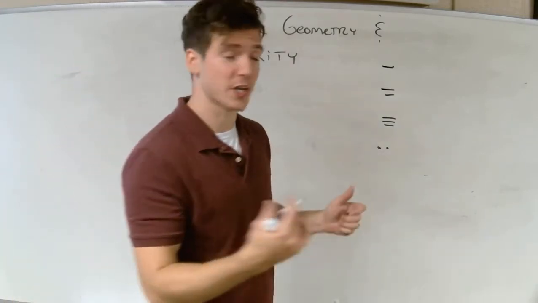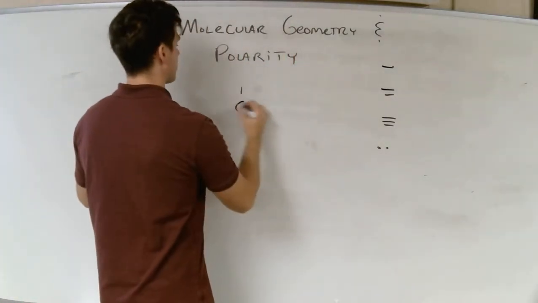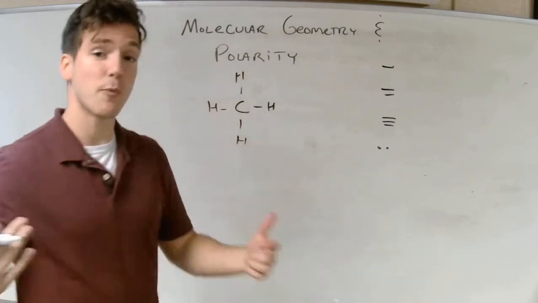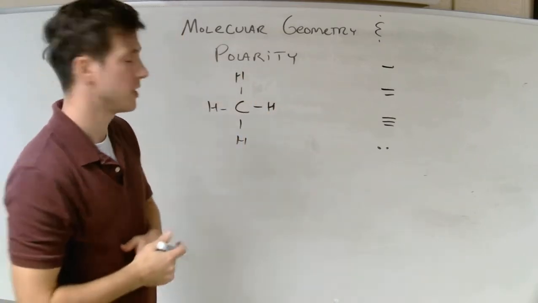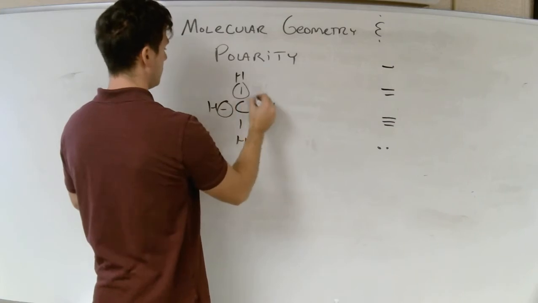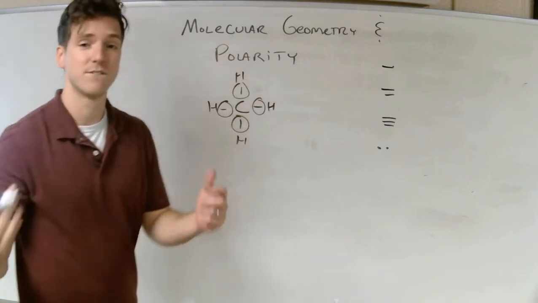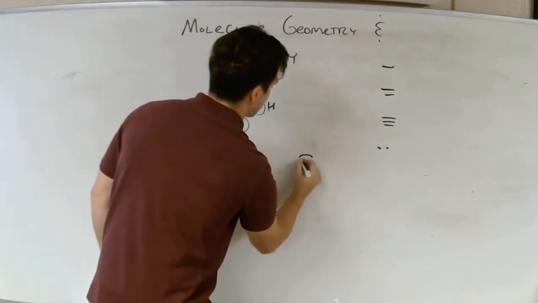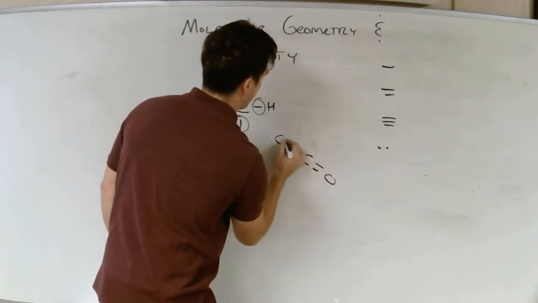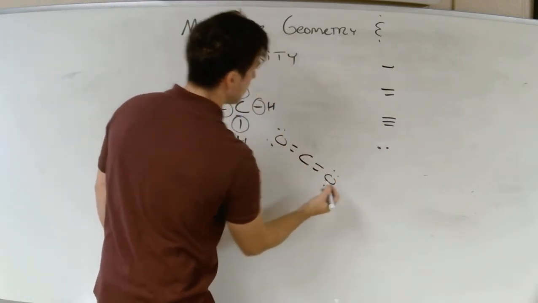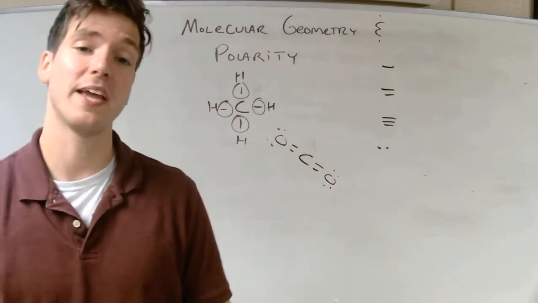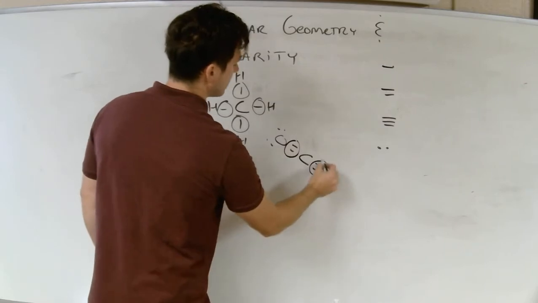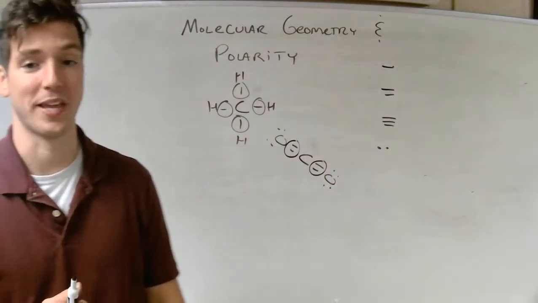So if we were to look at something like CH4, and I asked you how many domains are around that carbon atom, you would say 1, 2, 3, 4 domains. If I were to look at something like CO2, and I ask you how many domains are around that carbon atom, 1, 2 domains.